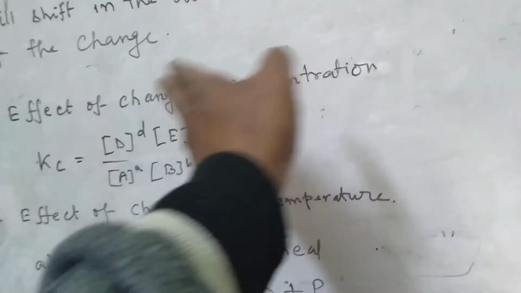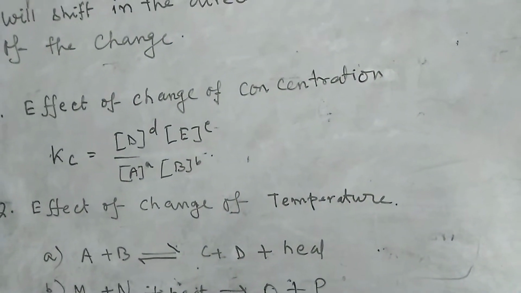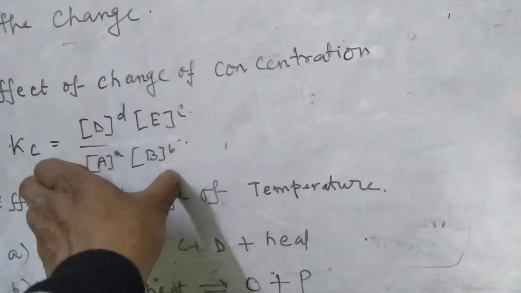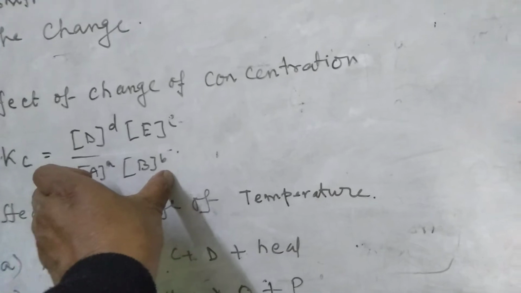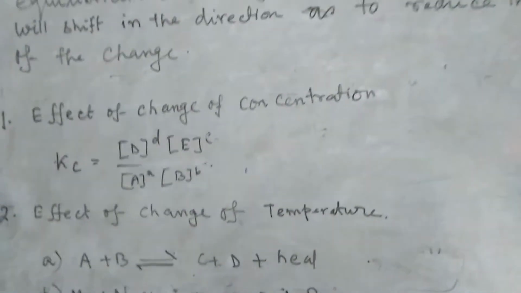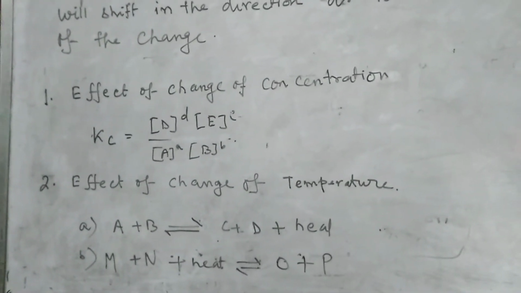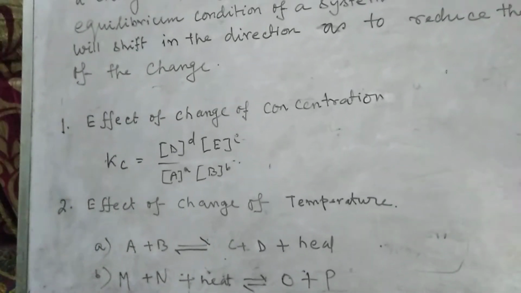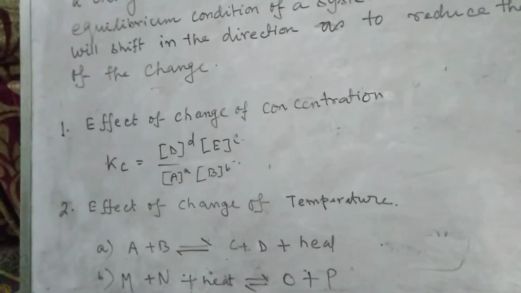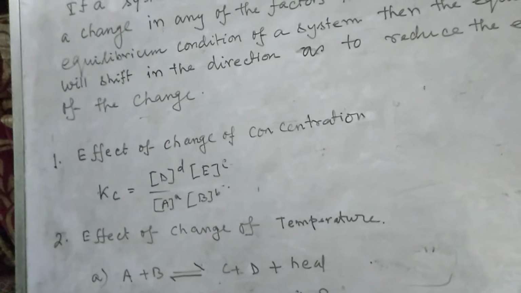But if we add D and E in the reaction medium, then D and E concentration will be more. To keep Kc constant, D and E concentration should be less by increasing the concentration of A and B. Increasing concentration of A and B means the backward reaction will occur.